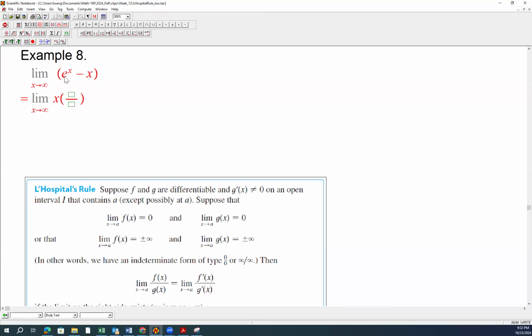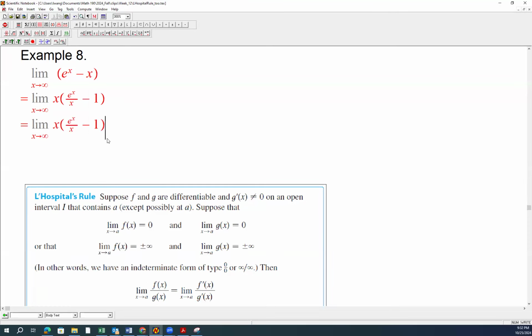So inside, we're going to have e to the power x divided by x minus 1. If you distribute x back to the parentheses, you'll get back to where we started. Okay, so this is the right factorization.